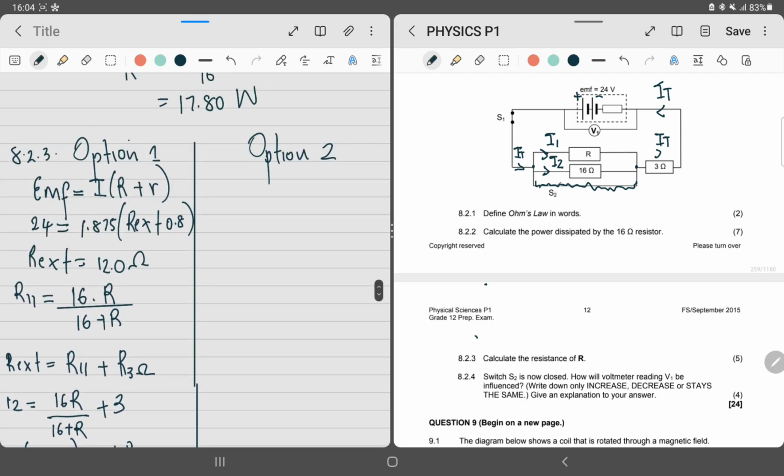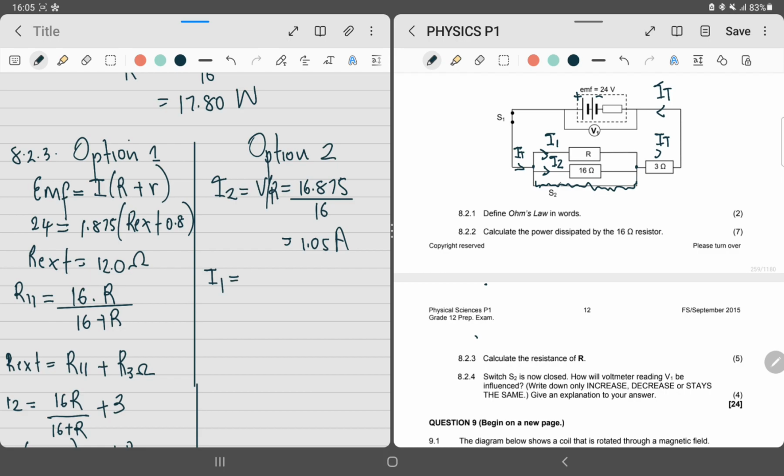Let's try a different one. We know that for a parallel combination, the current is divided. So let's calculate I2 because we already have the potential difference. I2 should be equal to V over R. The voltage is 16.875 and then the resistance is 16. I'm getting 1.05 amperes.